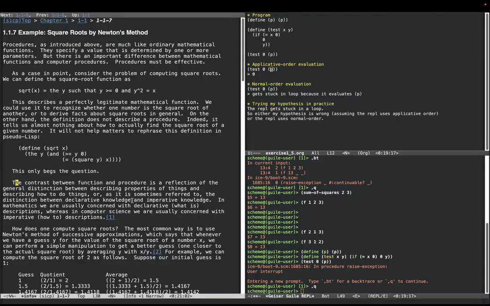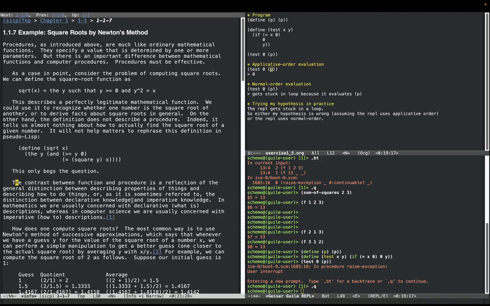How does one compute square roots? The most common way is to use Newton's method of successive approximations, which says that whenever we have a guess y for the value of the square root of a number x, we can perform a simple manipulation to get a better guess, one closer to the actual square root, by averaging y with x over y.